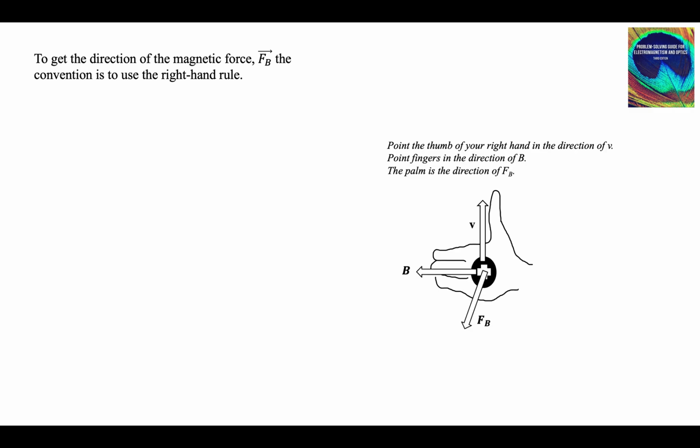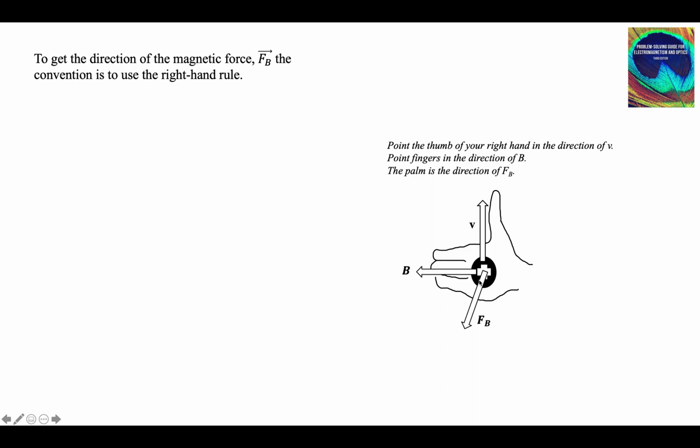So let's figure out the direction of the force from the field and the velocity. We're going to use the right-hand rule. And here's the convention. You point your thumb straight out. That's the direction of V. Point your fingers in the direction of the field, B, and your palm pushes in the direction of the force for a positive charge.